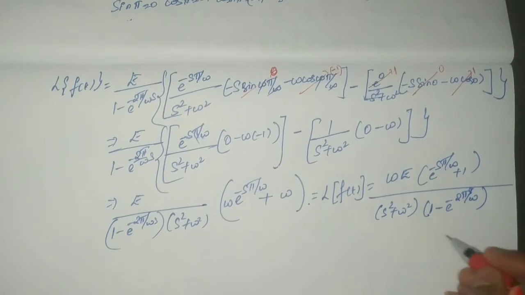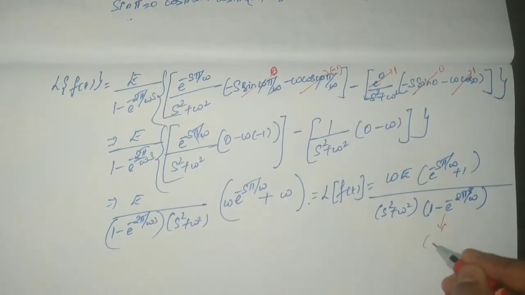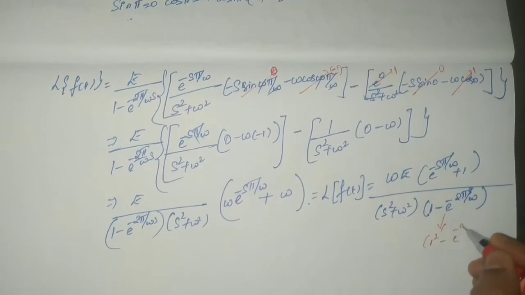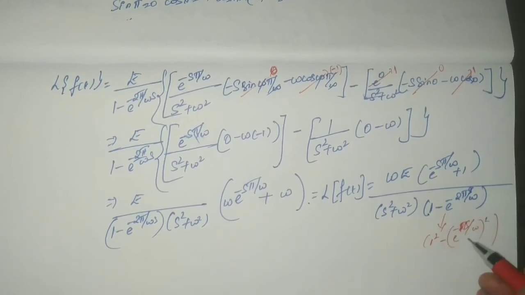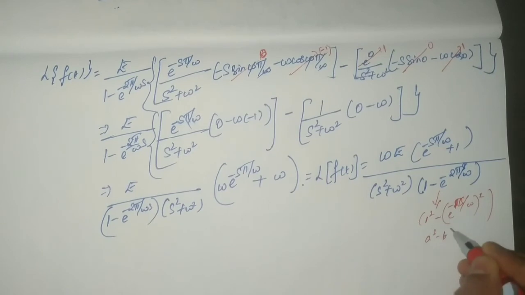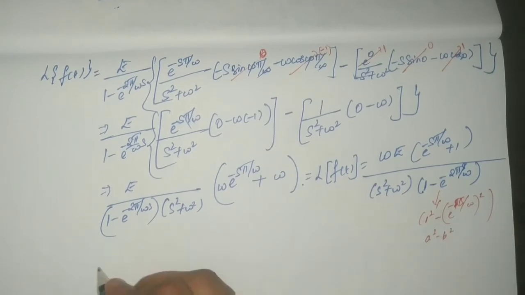One simple simplification you can do here: you can treat this as 1 square minus e power minus pi s by omega the whole square. As you know, e power m power n can be written as m power n. So you can write this by using a square minus b square form.